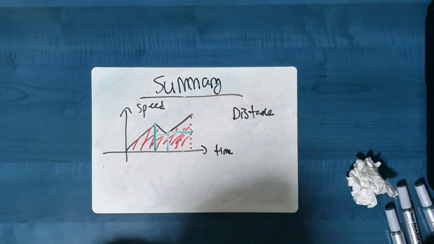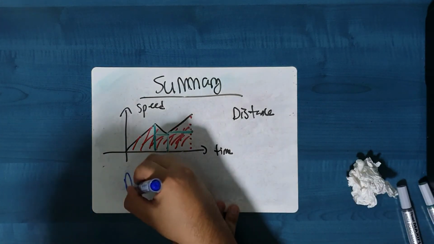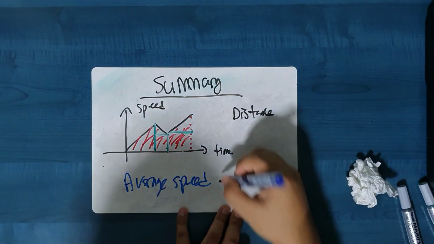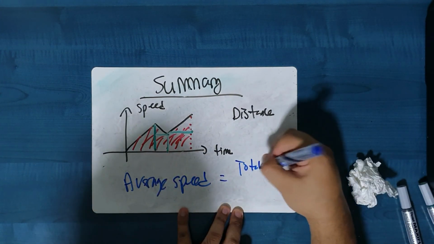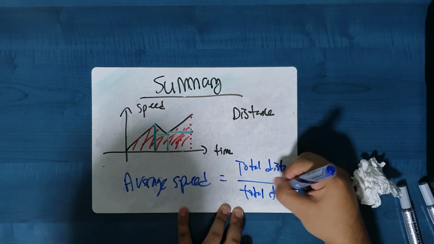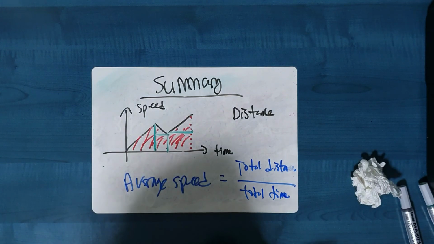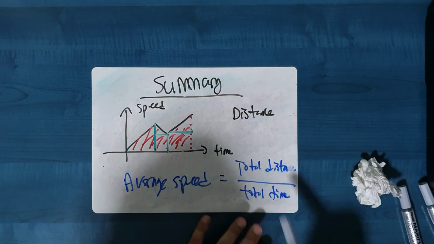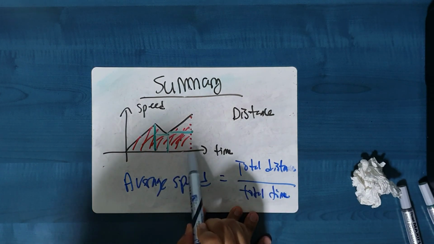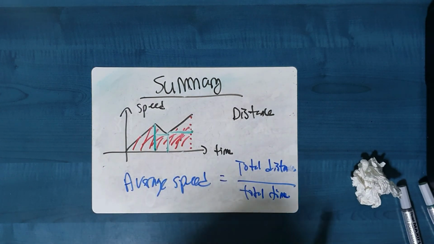And lastly, if you want to find average speed, as you know, average speed is total distance over total time. You have to find the total distance first by finding the area and divide by the total time, which is this value here, and you get average speed.